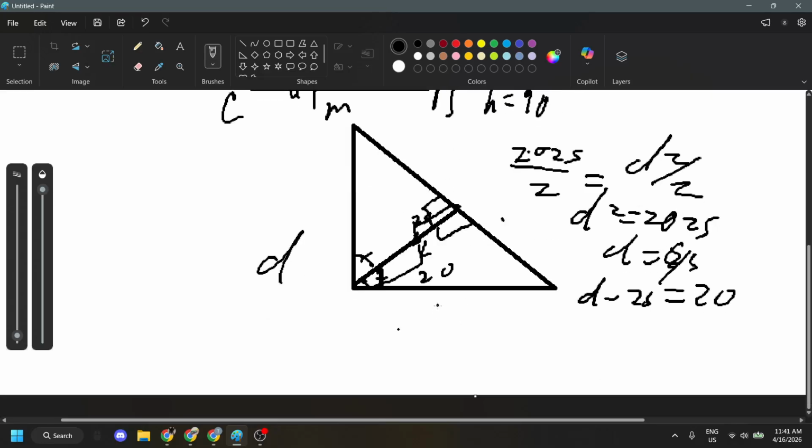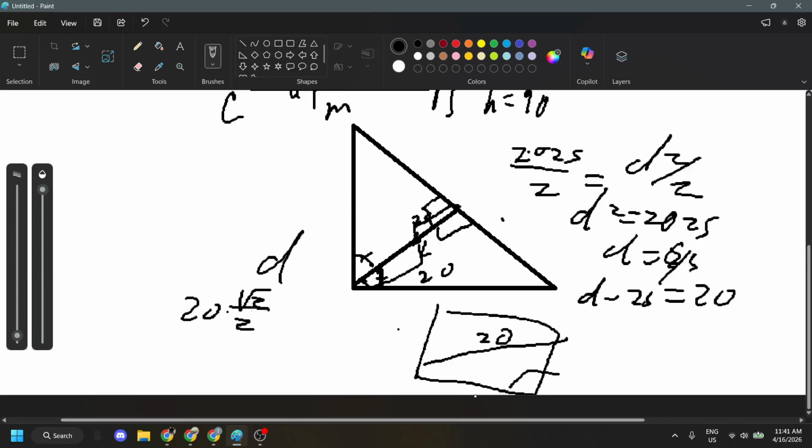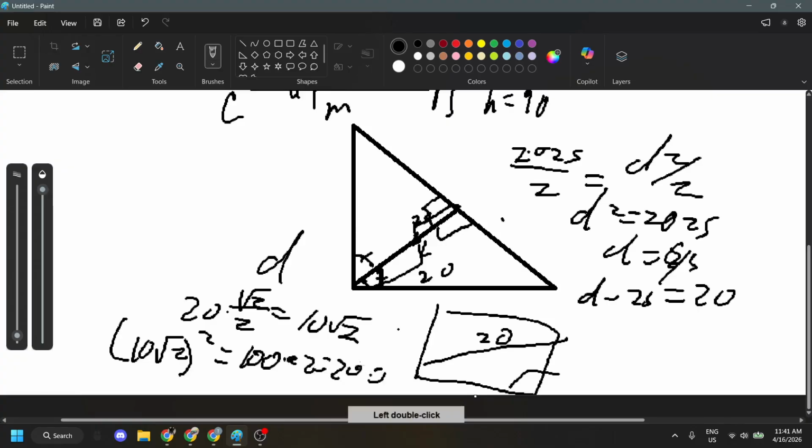So now we just need to use the diagonal to get the area. If this is 20, then this is a square. So hypotenuse to side length is times root 2 over 2. So 20 times square root 2 over 2 is going to be equal to 10 root 2. 10 root 2 squared is equal to 100 times 2, which is equal to 200.